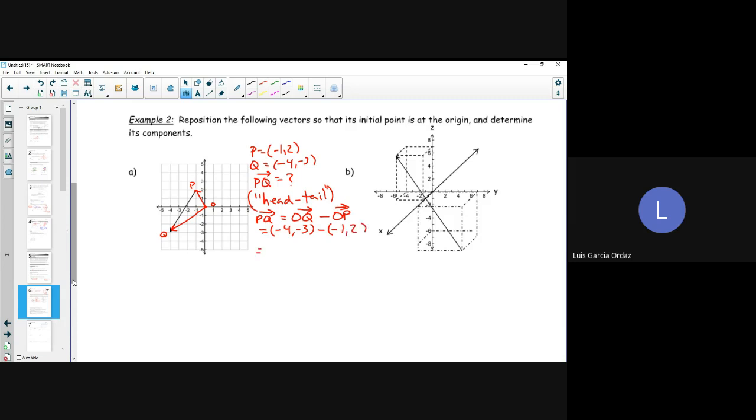So who can tell me what my vector u or PQ is going to give me?